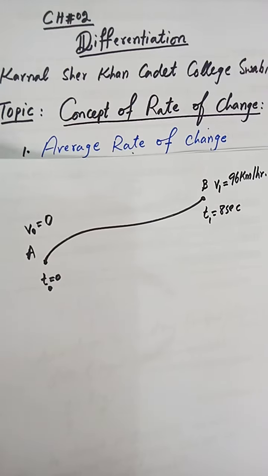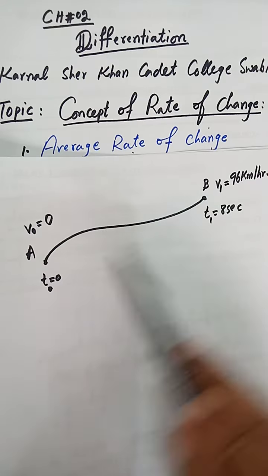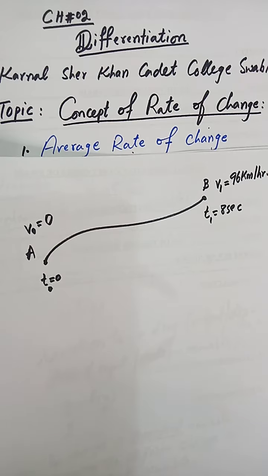So what will be the average rate of change of the car along this path from point A to point B? That is called the average rate of change.